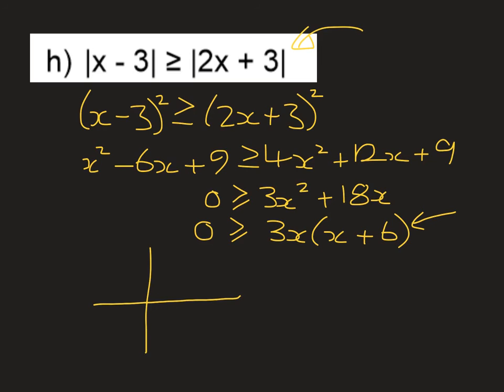So it's going to hit at 0 and -6. It looks something like this, and I want this area here because I want that to be less than 0. So x is greater than or equal to -6, and less than or equal to 0.